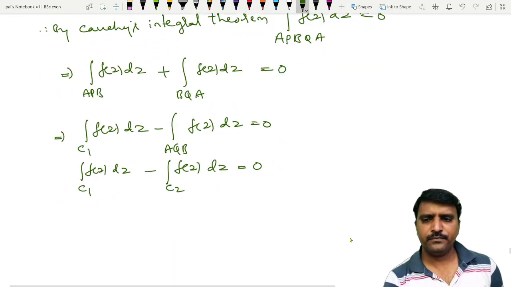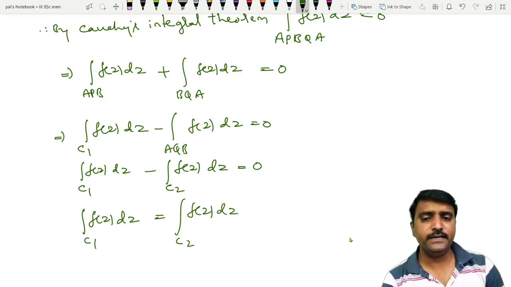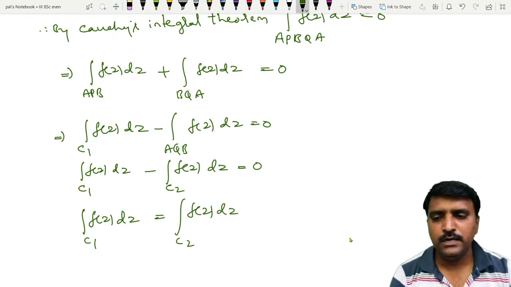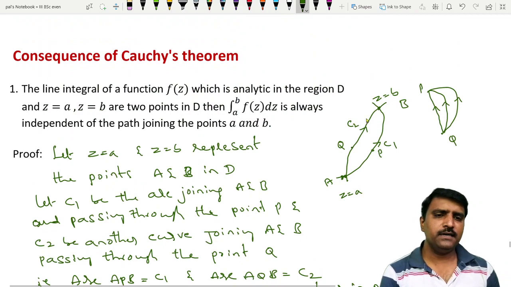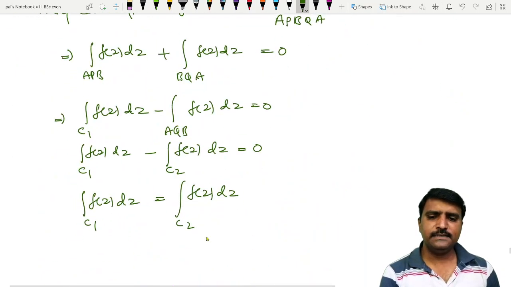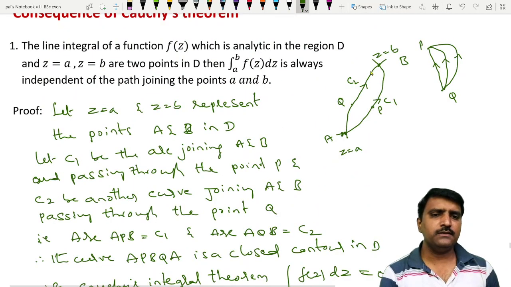Now we have that integration of f of z dz over C1 is equal to integration of f of z over C2. So what it shows is that if you take the integration of f of z along C1, it is the same as the integration of f of z along C2.